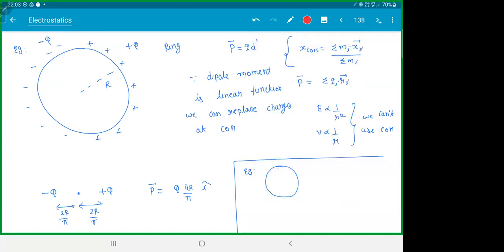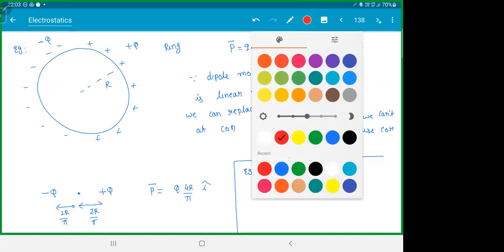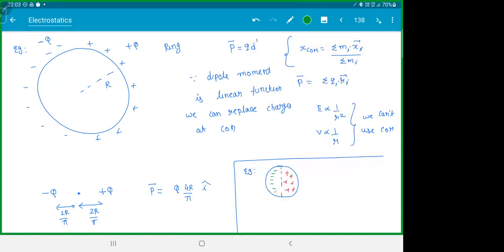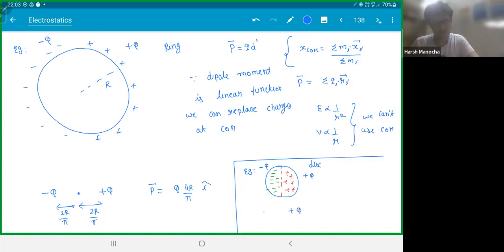Suppose I take a half disk. What will be its dipole moment? What is the center of mass of a disk? 3R by 8, but whose is 3R by 8?